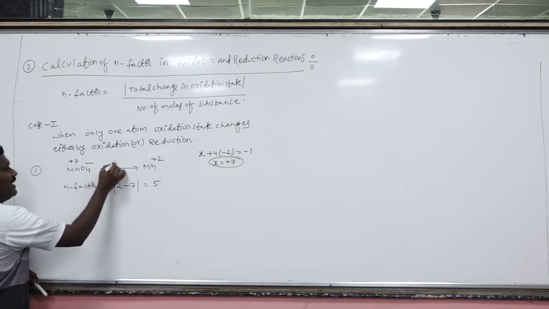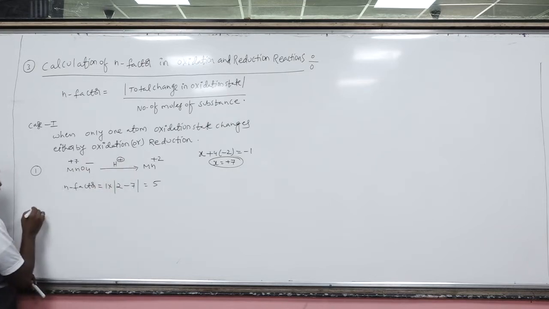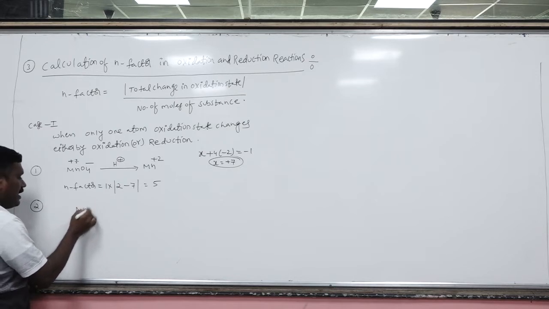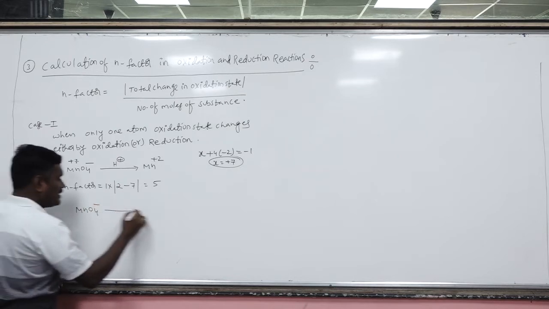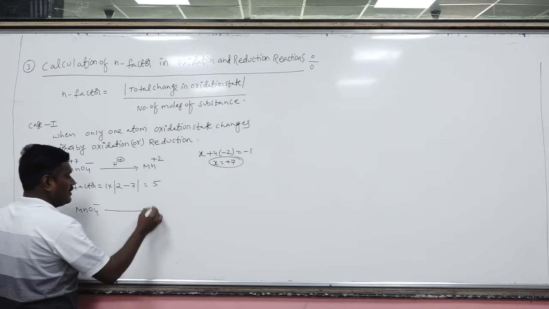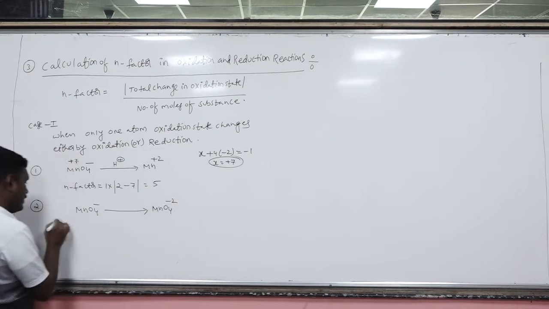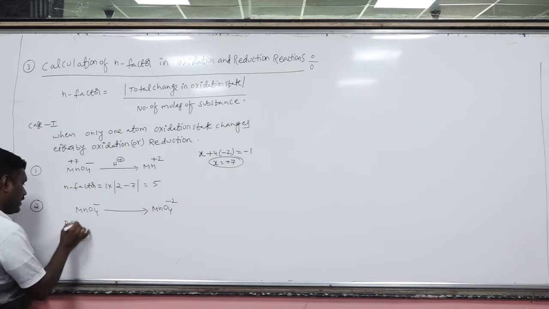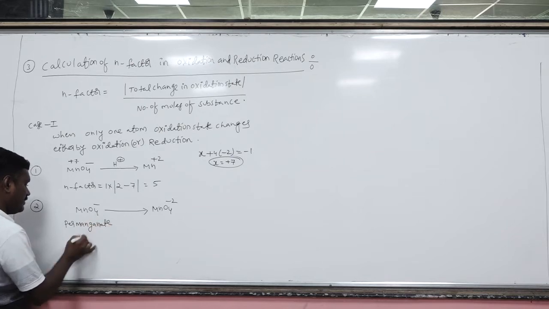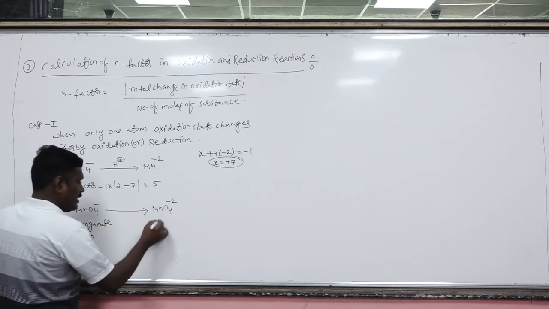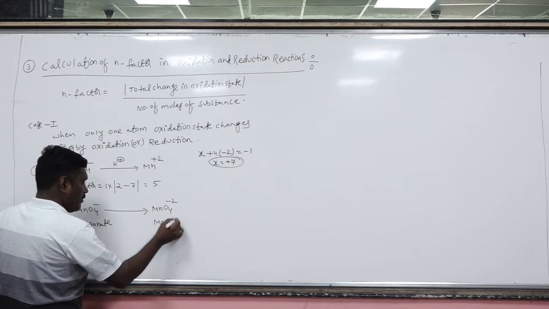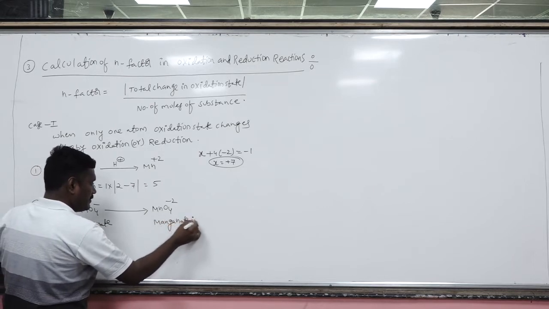This reaction occurs in acidic medium. Next example: let's suppose MnO4 minus is reduced to MnO4 2 minus. This is called permanganate ion, and this is called manganate ion.